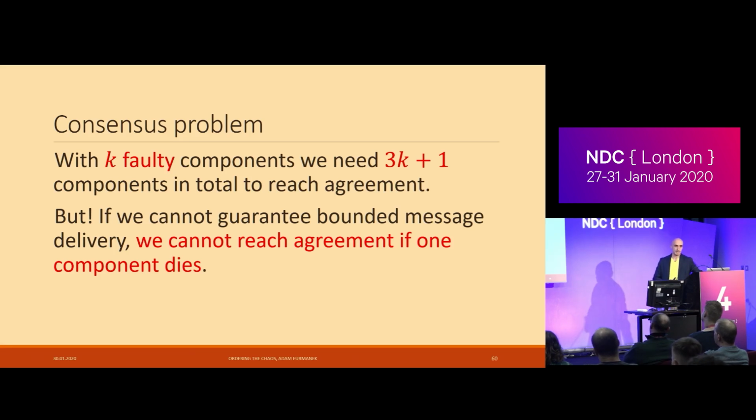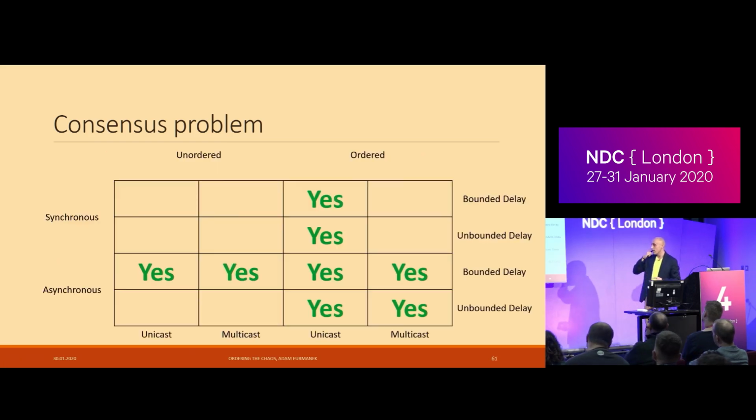The problem is we implicitly assumed something about the communication under the hood. So we assume that the communication basically does not disappear. It may be bounded or unbounded. There are some timeouts. And if we focus on mathematical analysis of this, we can prove that, for instance, the first rectangle here, if we have synchronous, unordered communication, unicast and bounded delay, consensus is not possible when only one machine out of these 3k plus 1 dies.